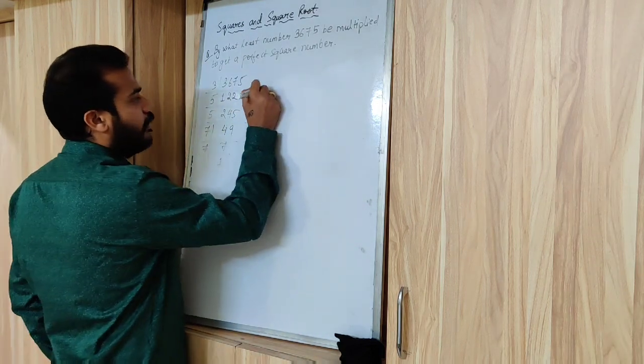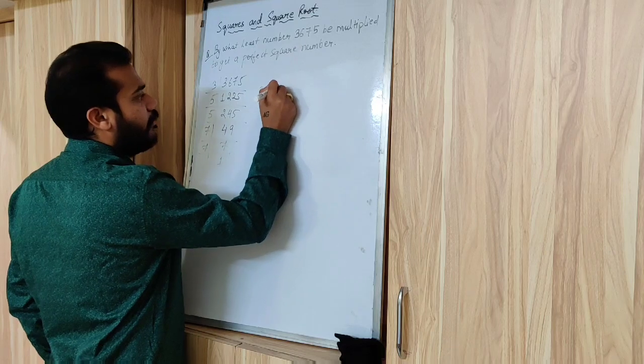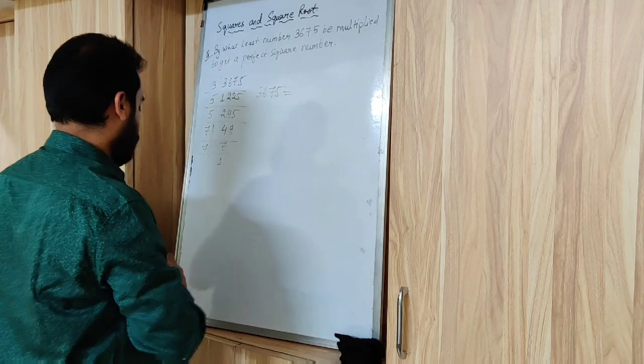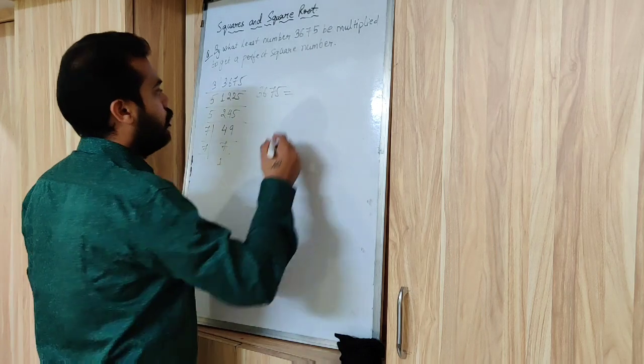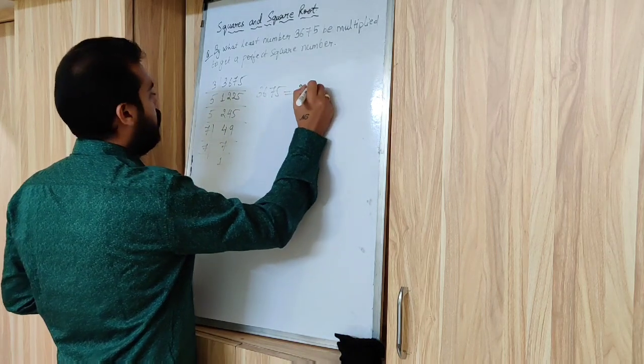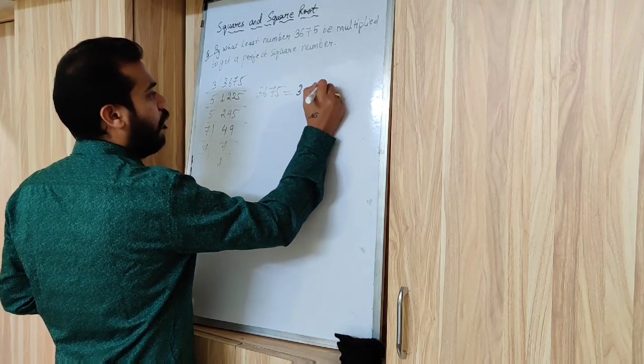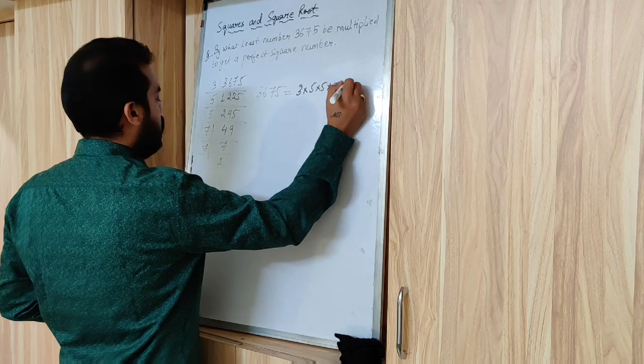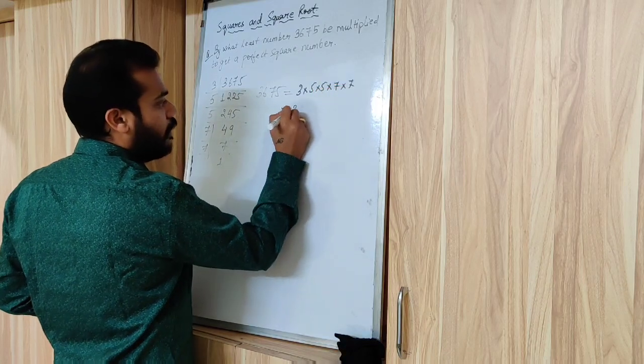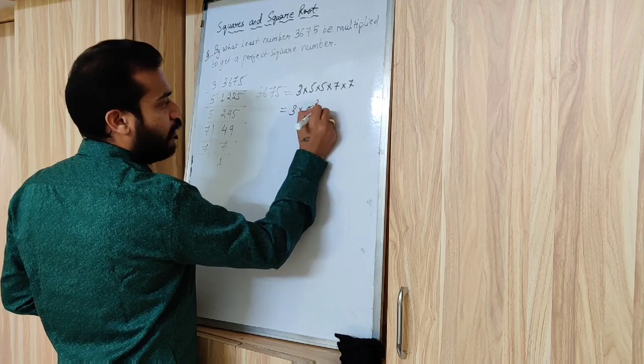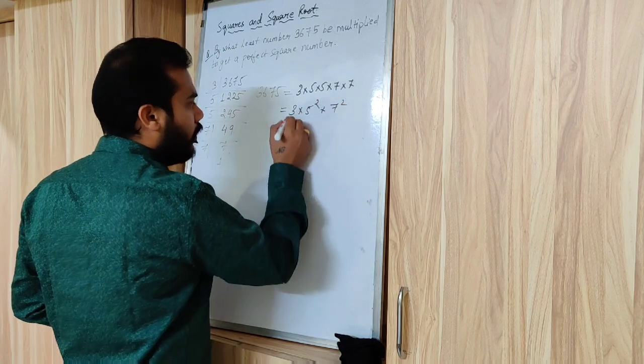So the factors of 3675 are 3 into 5 into 5 into 7 into 7, or we can say 3 into 5 square into 7 square.